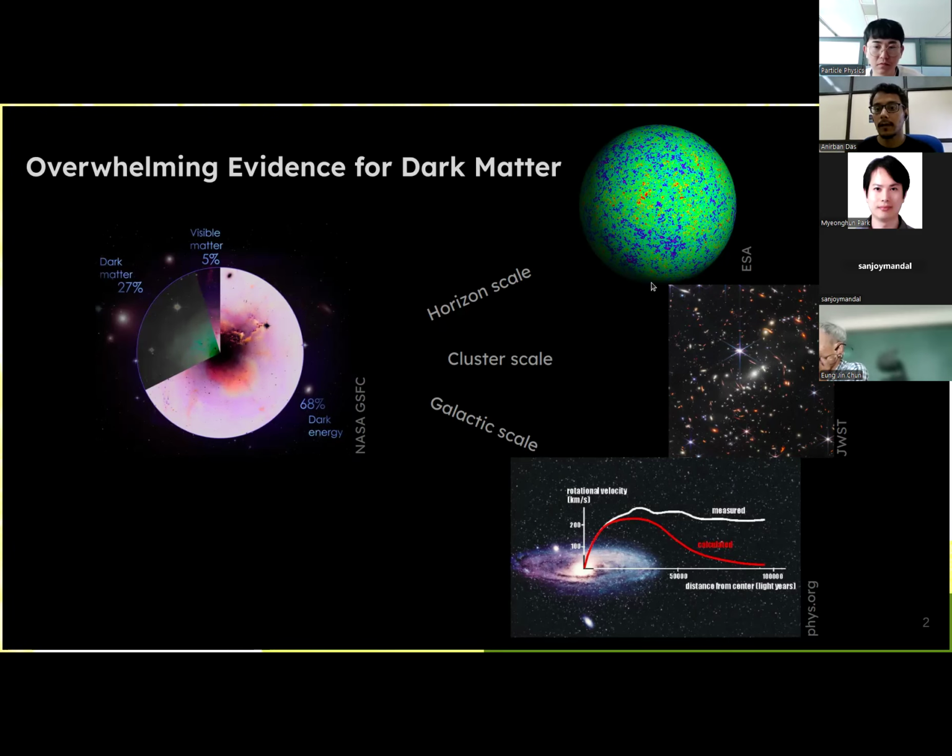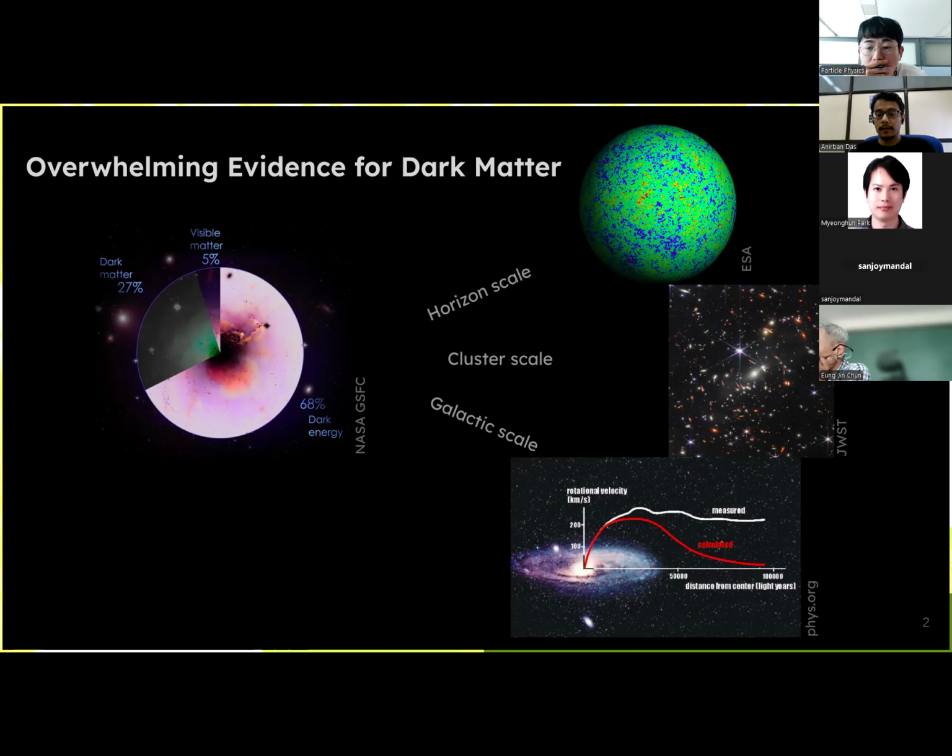And finally, at the cosmological length scale, or the cosmic horizon scale, we have the cosmic microwave background observations. For several decades now, many different experiments, COBE, WMAP, and finally Planck, have measured the power spectrum and also the photon energy distribution, the Planck distribution, very accurately and precisely.